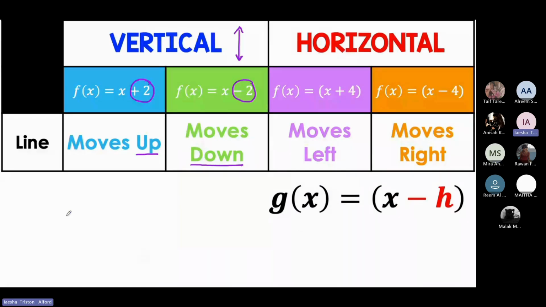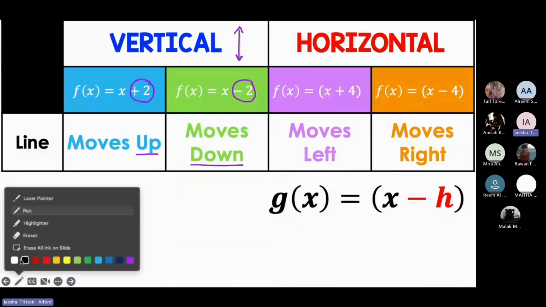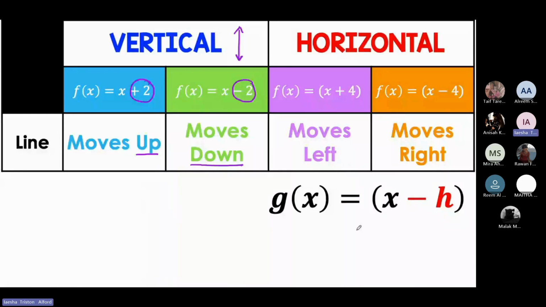How? How does that happen? You guys always want to know how. See the formula, x subtract. You have to put parentheses here. So this constant is a negative 4.